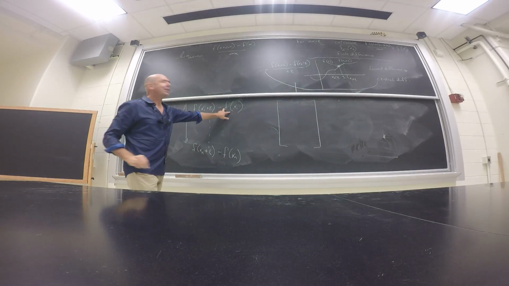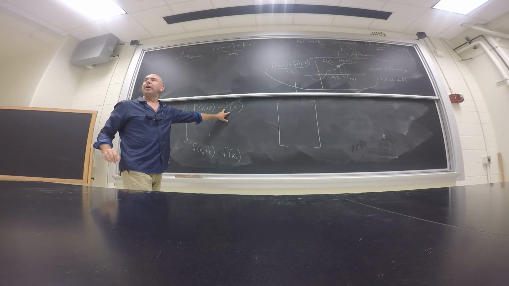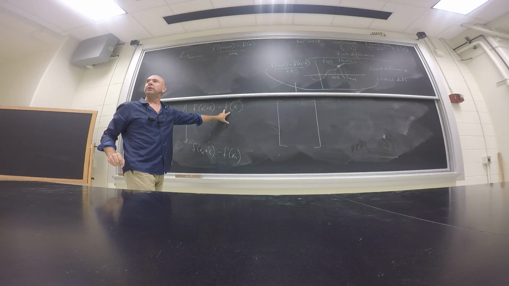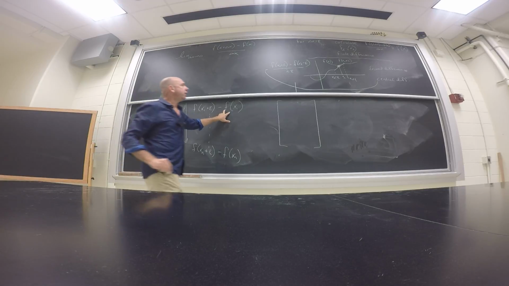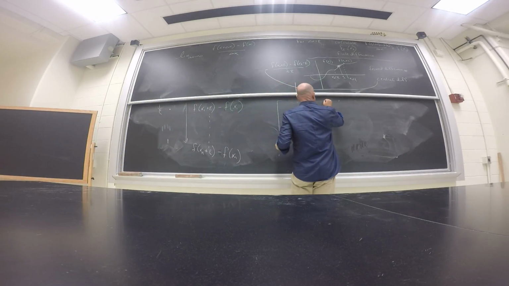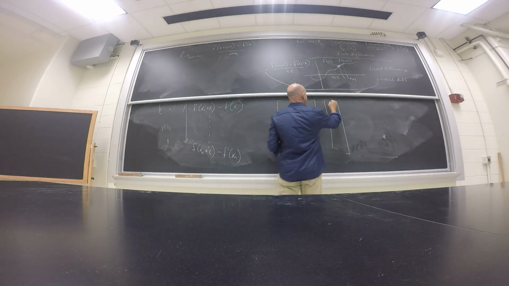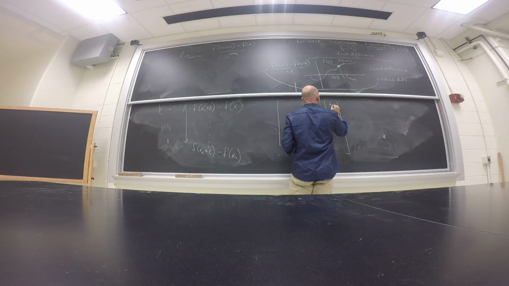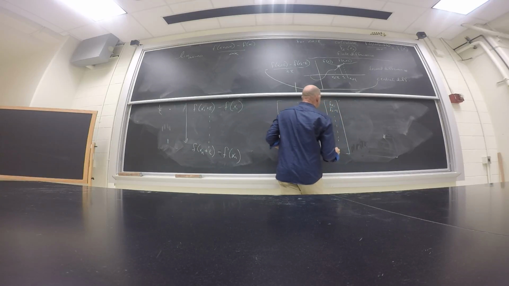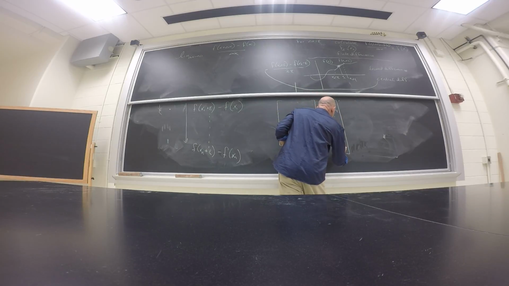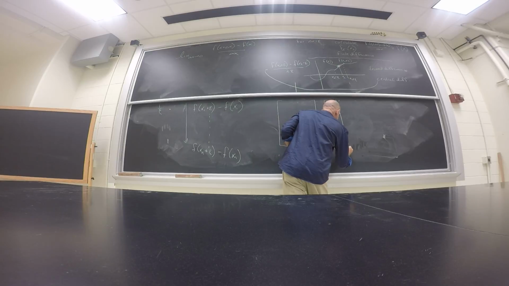Well, we're applying this to f of xi, right? So what is right here? This will be f of x1, f of x1 plus epsilon, f of x1 plus n epsilon.